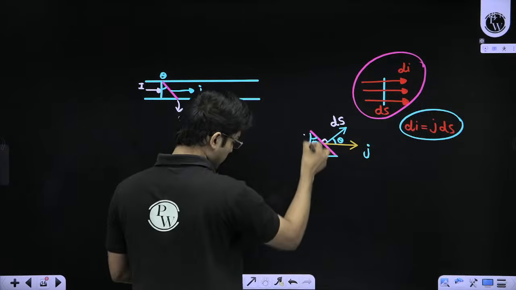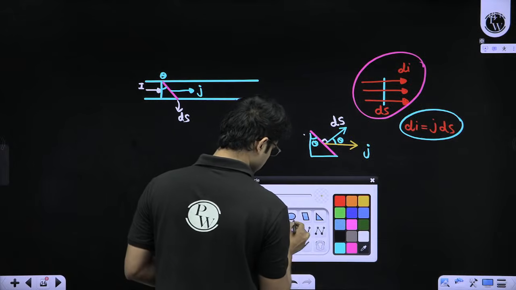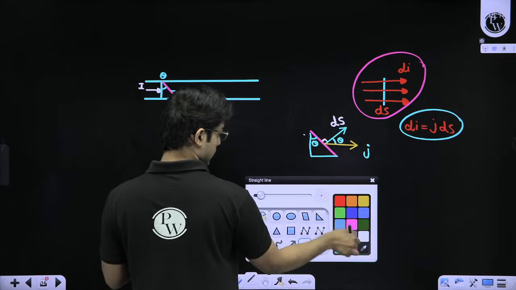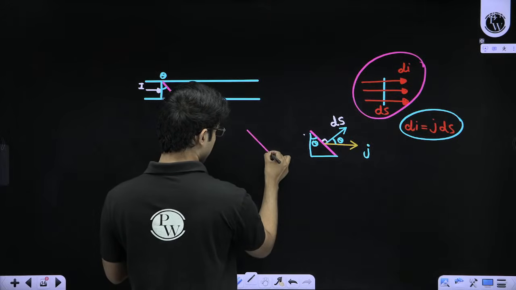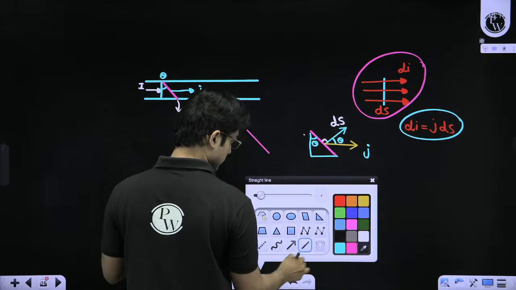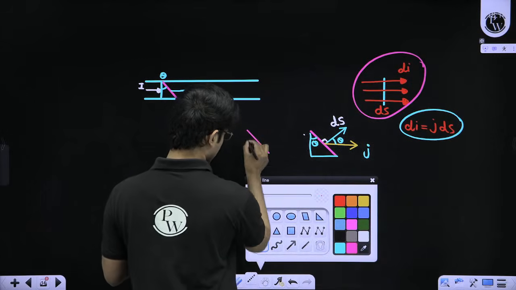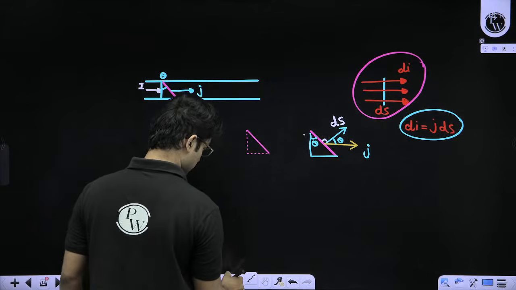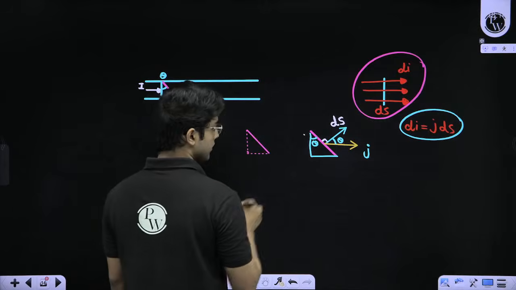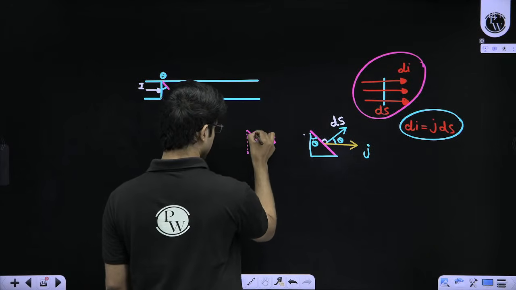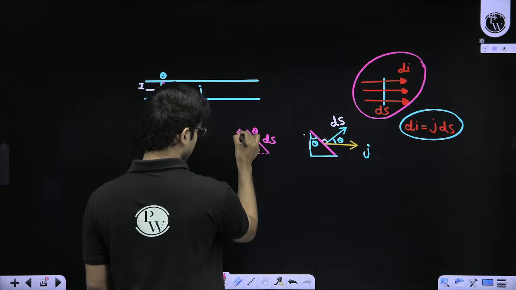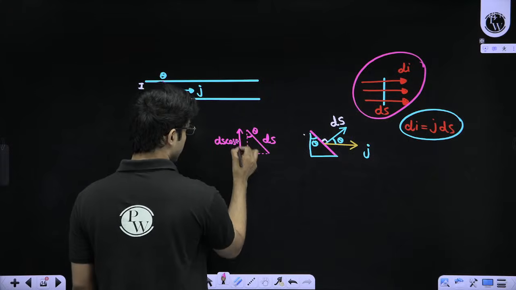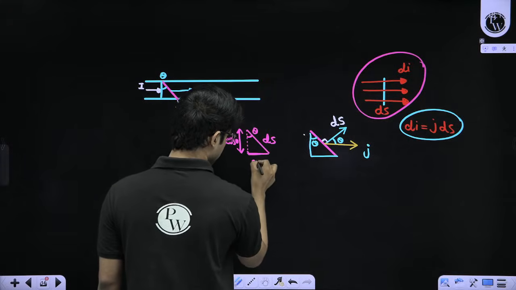So this purple area, we can break it into two separate areas, area 1 and area 2, two separate components. If this is ds and this angle is theta, then the area perpendicular to the current is ds cos theta, and the area parallel to the current is ds sin theta.